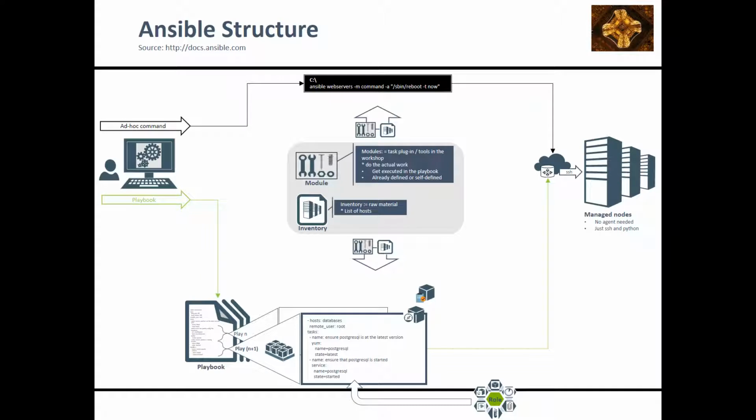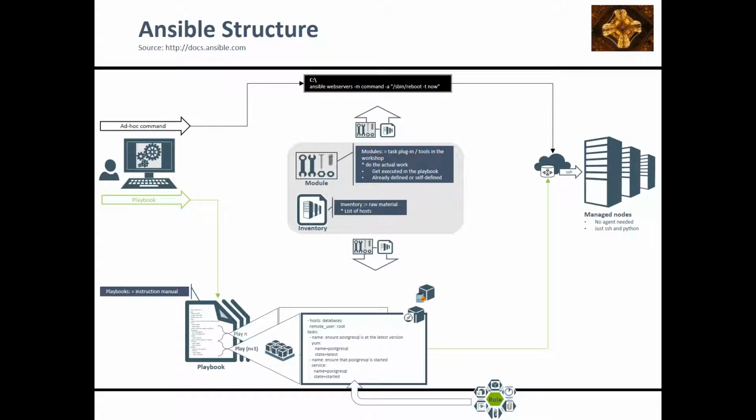If you want to define some modules yourself, just double check that there is not already something existing which you can use, because it's community work and you shouldn't have redundant work here. So the modules do the actual work.